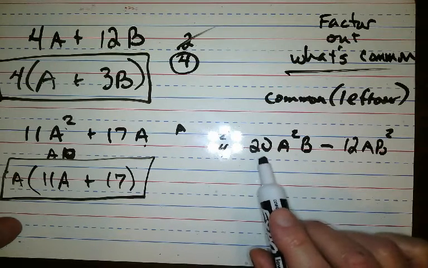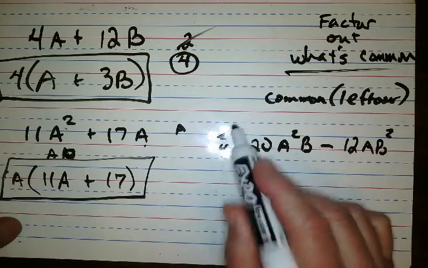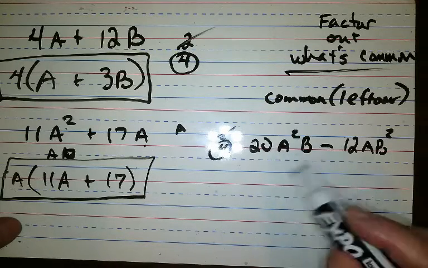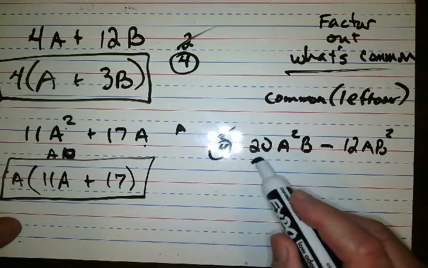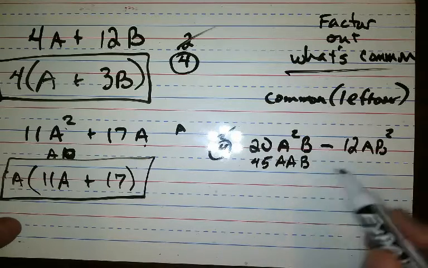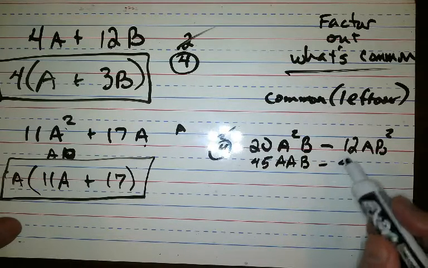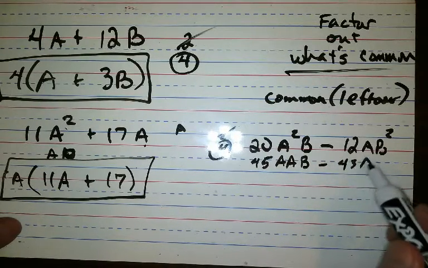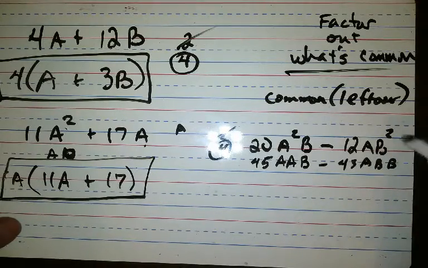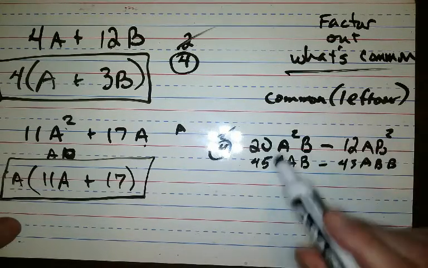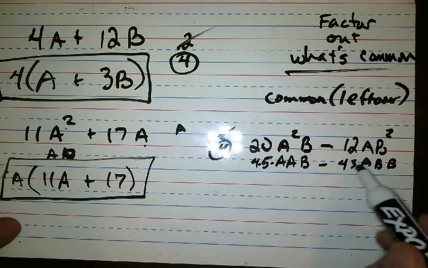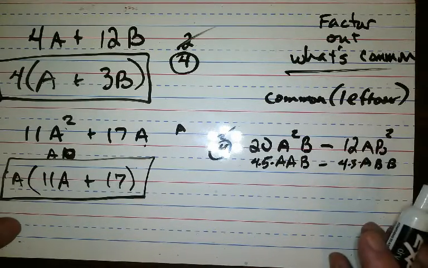Anything bigger? No, nothing bigger, so we want the biggest one. And then look, there's an a. In fact, there's 2 a's. If you look at it this way, this is 4 times 5 times a a b. And this one's 4 times 3 times a b b, right? Because b squared just means there's 2 b's and a squared. So I just wrote it out to where I can see all the little pieces, right?